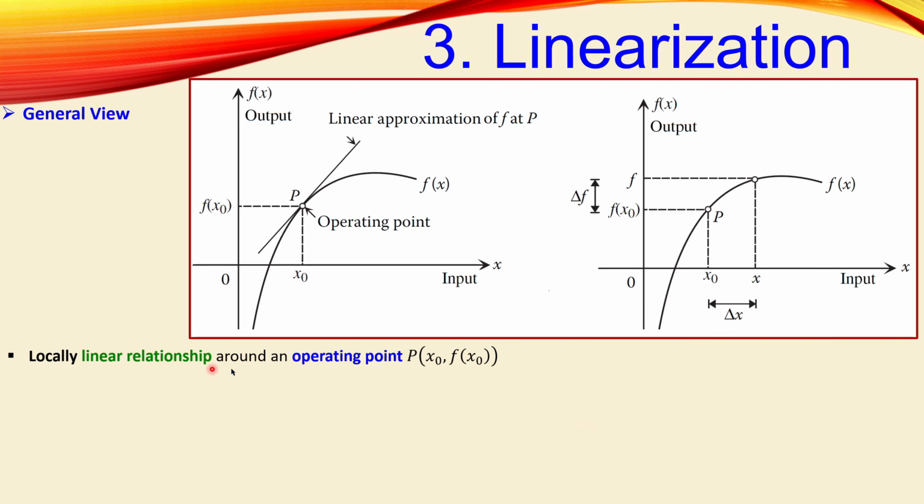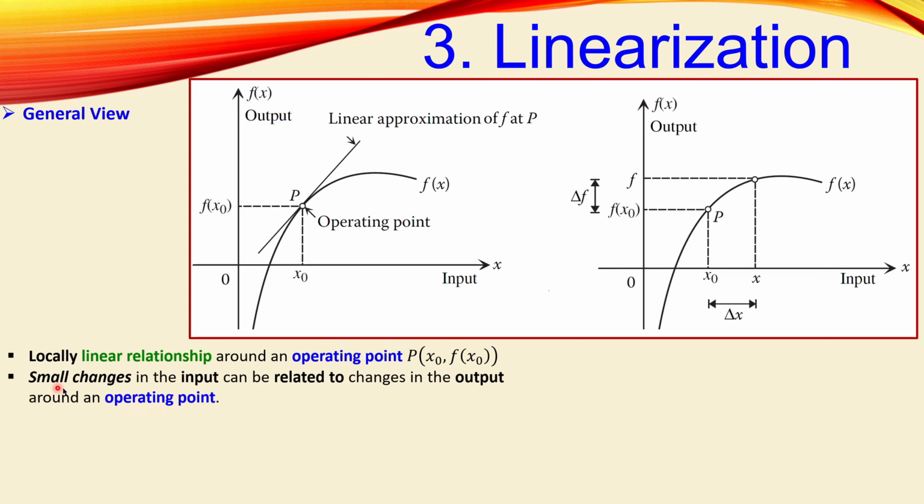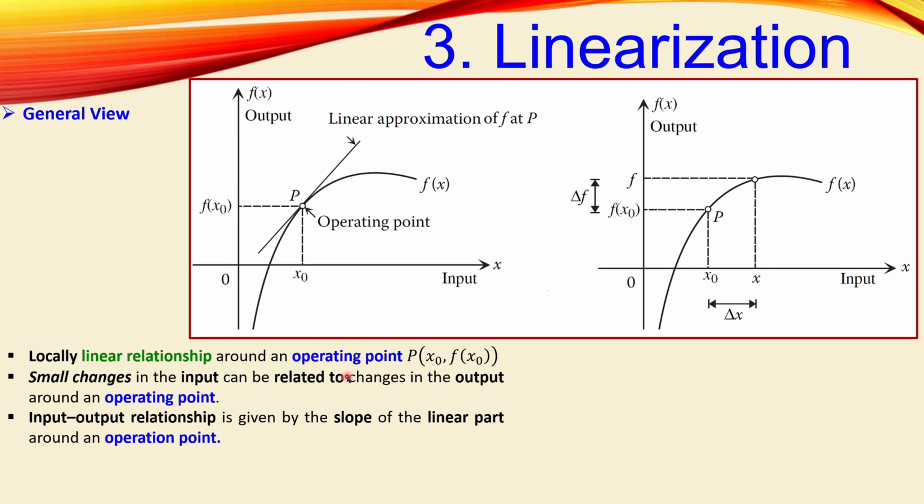Now, a locally linear relationship around an operating point, as said before. This is a local linear relationship. And small changes are allowed, of course, depending on the application, in the input, and they can be related to changes in the output around that operating point only.